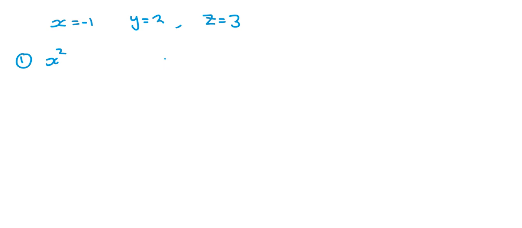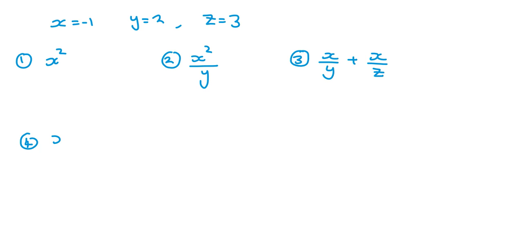X squared over y. Let's do x over y plus x over z. It's not very good, z. Let's do 4x plus y all over x squared plus y squared.